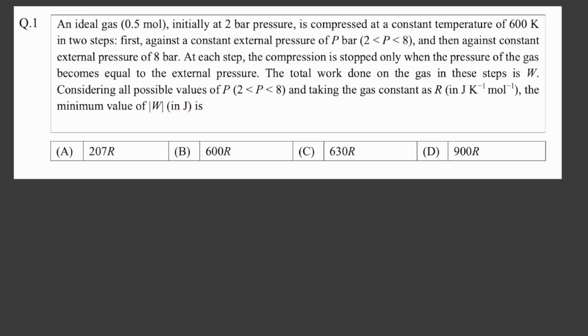So to solve this question, we will try to draw the PV plot for this process, and we will try to understand how much work is actually done if we are doing this compression in 2 steps.